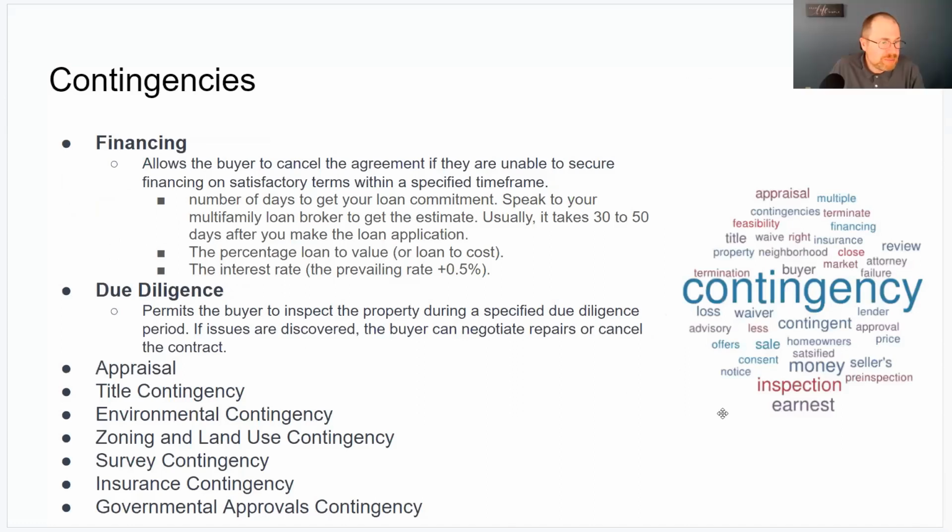Okay, my next point is to talk about contingencies, and the two main contingencies that you would see in an LOI, because we're still at the LOI stage. Financing, especially these days with high interest rates and low loan to value numbers.